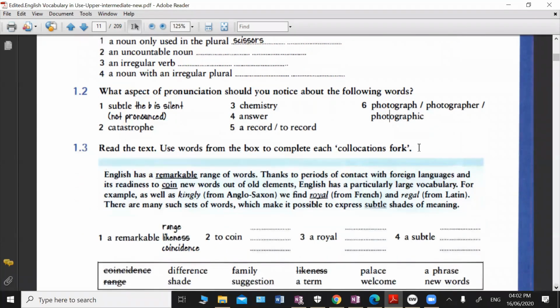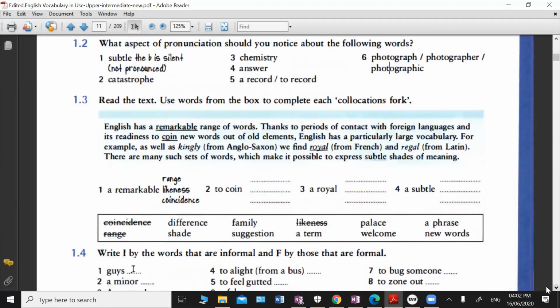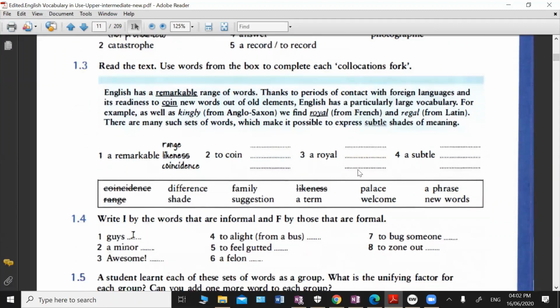Then in these words, we studied the pronunciation things. Certain letters are pronounced, certain letters are having stress, certain letters are like silent. Then we use the collocation here with different words.